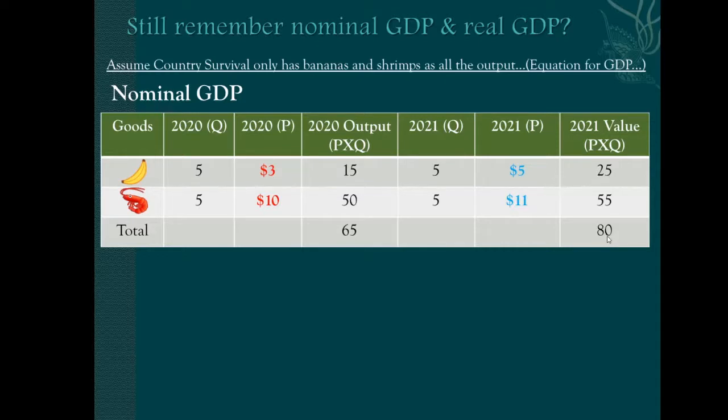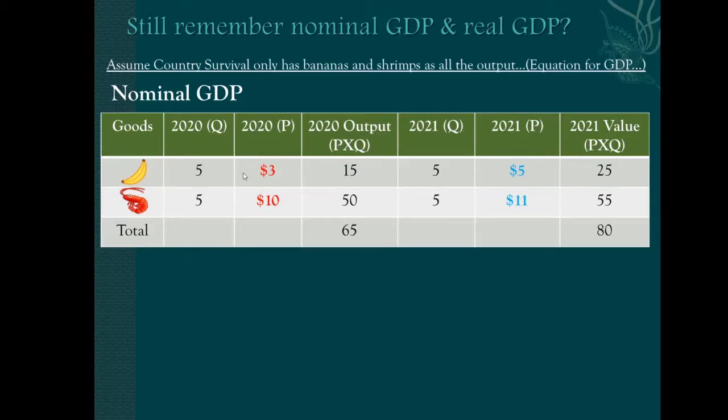But from the table we know that the quantity is the same for both years. So the increase in output is all because of the price.